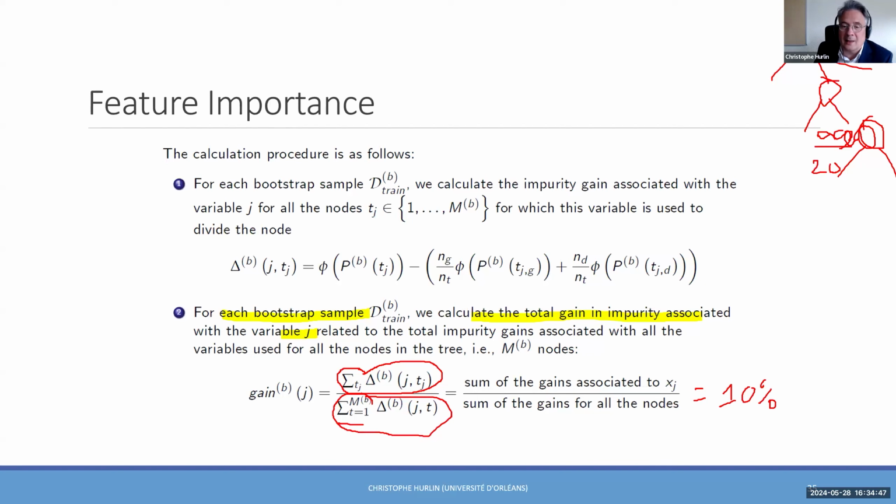It means that in the tree B, remember that I have many trees, but for a given tree, the impurity gain of the age variable in this tree represents 10% of the total impurity gains generated by all the variables in the tree. Is it clear for everyone?